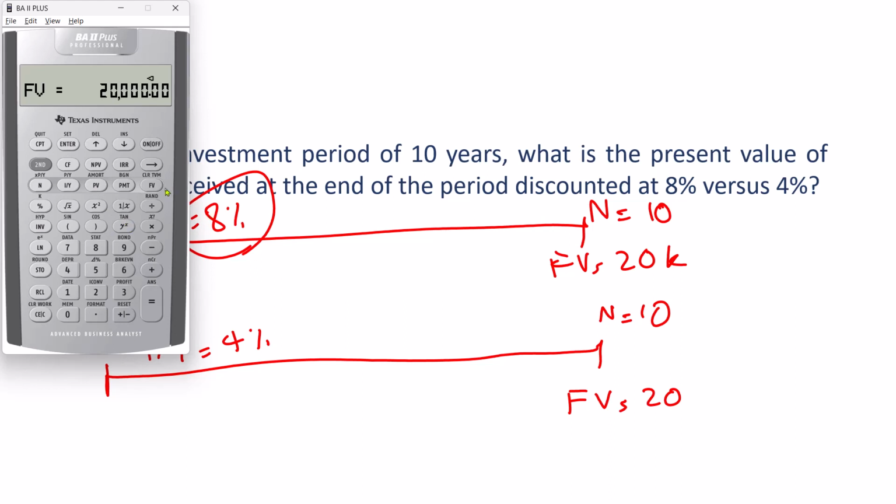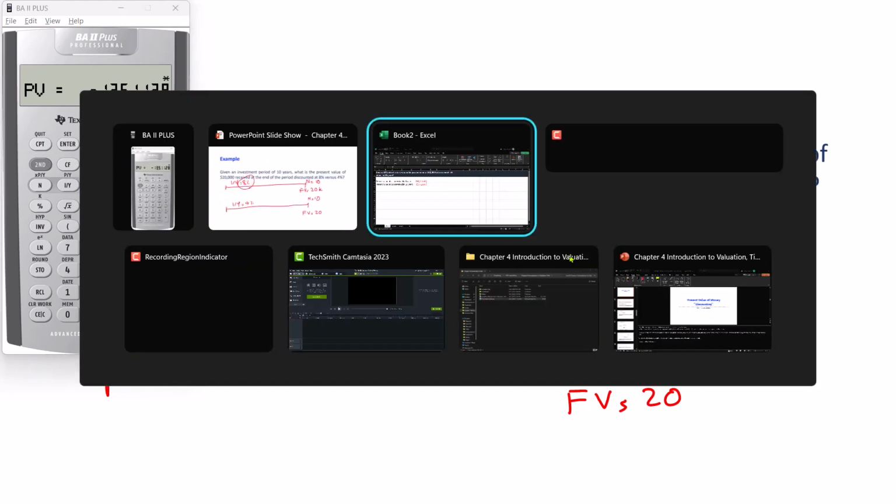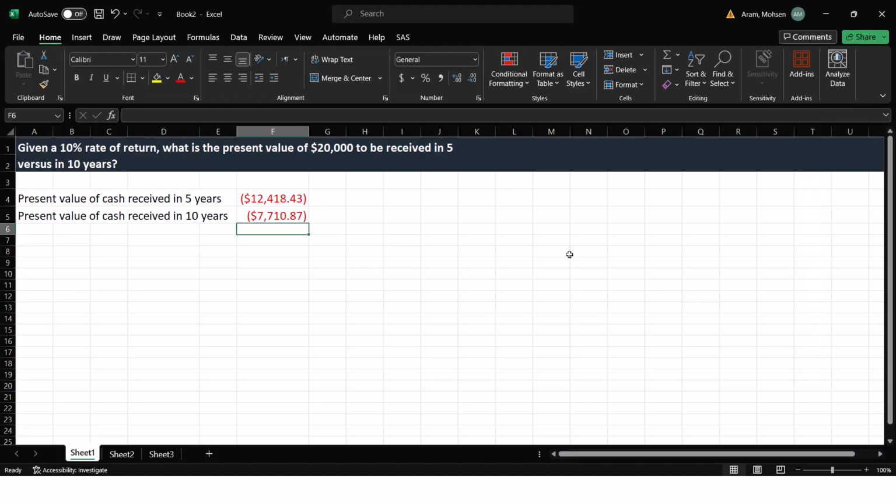So 20,000 is the future value, and your N is going to be 10 years. At the discount rate of 8%, you're going to have a present value of 9,263. And at a discount rate of 4%, the present value would be 13,511.